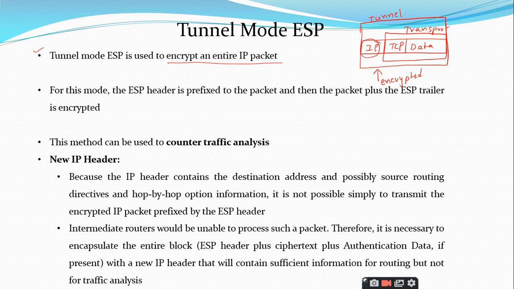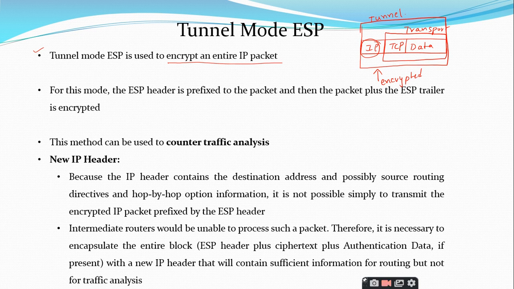When you have to provide more security for your organization, it is better you go for the tunnel mode ESP. And whenever you have some relaxation of security, where there is not much importance, and you want to provide security between two different hosts, then you can go for the transport mode.